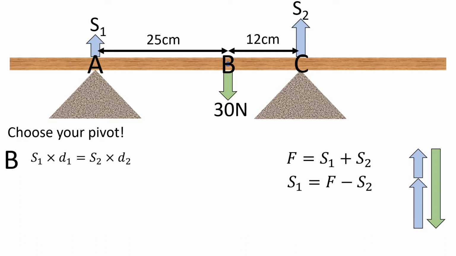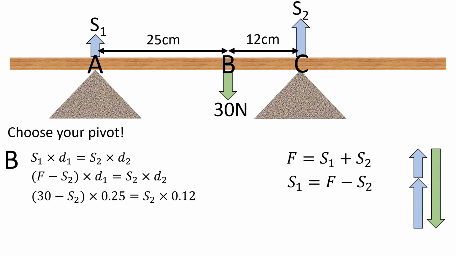And we can take that and substitute it into the equation for the pivot B. So instead of S1, I'm now writing F minus S2. We multiply that by D1 and that equals S2 times D2. So F was 30, so instead of F we write 30. Then we've got 25 centimeters, that's 0.25.